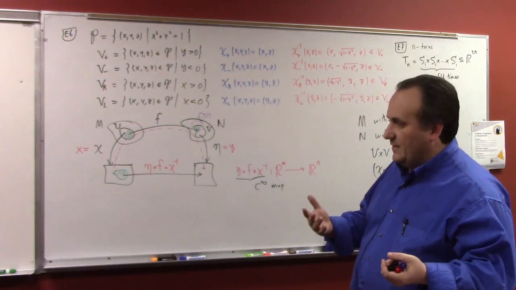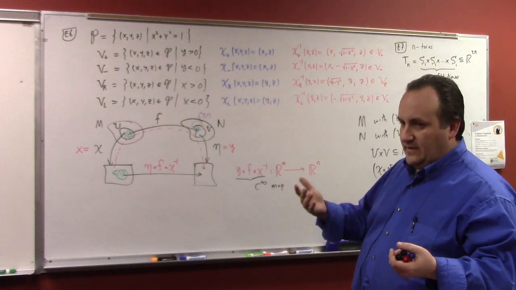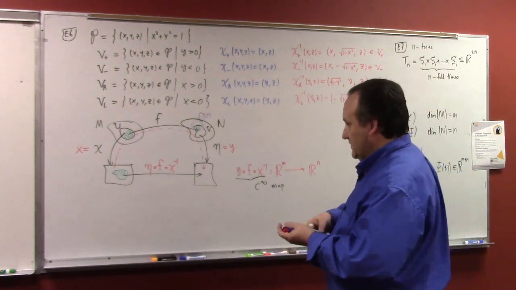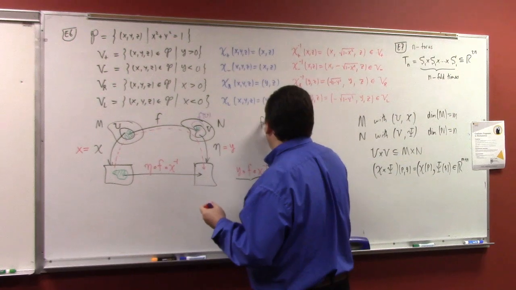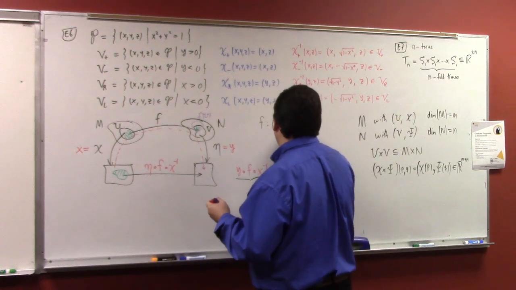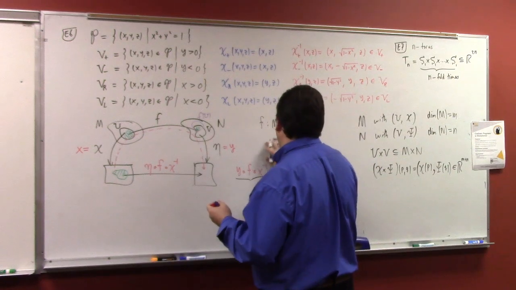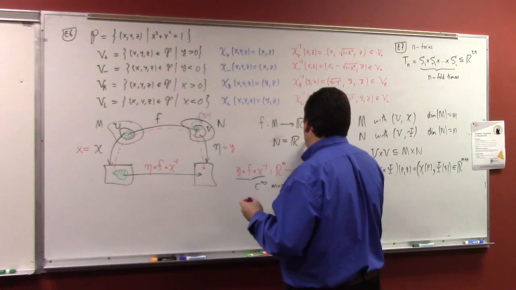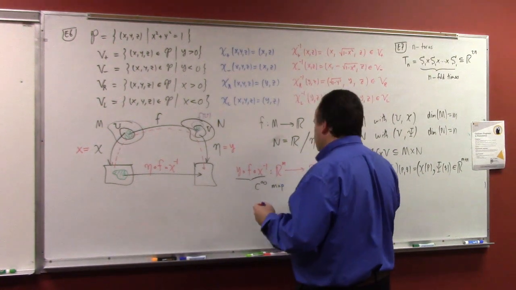Now the other thing to talk about is that often we talk about functions that are real valued. In that case it's easier: if f is a mapping from M to the reals, then N is equal to the reals, and our default is to take eta to be the identity map.